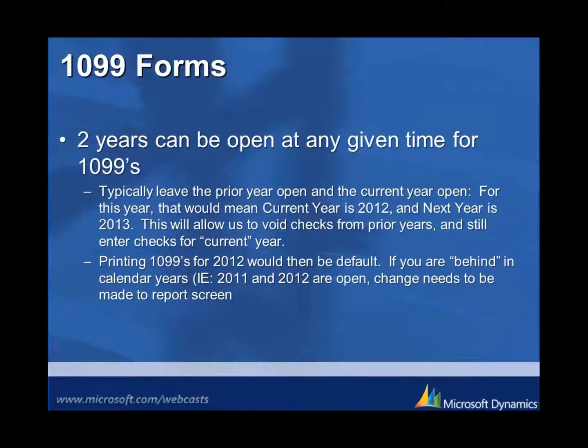So it's a little bit confusing sometimes, but it leaves both of them open. That way if I have to void any checks or do anything else to 2012, that year is still available, but I can also still print checks for 2013. And I think this slide kind of explains that, but I think I explained it just a little bit better.